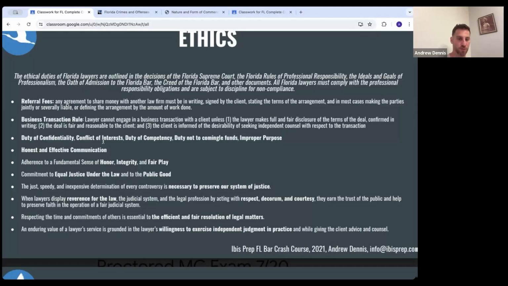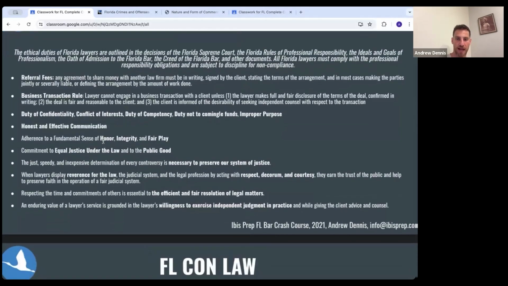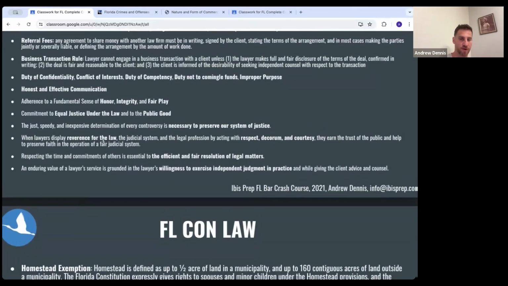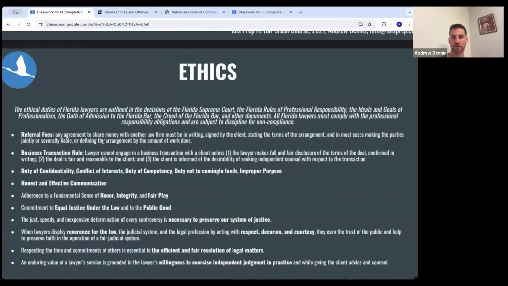When lawyers display reverence for the law, the judicial system, and the legal profession by acting with respect, decorum, and courtesy, they earn the trust of the public and help to preserve faith in the operation of a fair judicial system. Respecting the time and commitments of others is essential to the efficient and fair resolution of legal matters. An enduring value of a lawyer's service is grounded in the lawyer's willingness to exercise independent judgment and practice while giving the client advice and counsel.